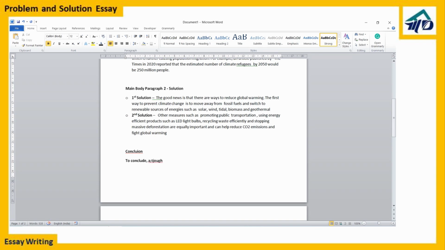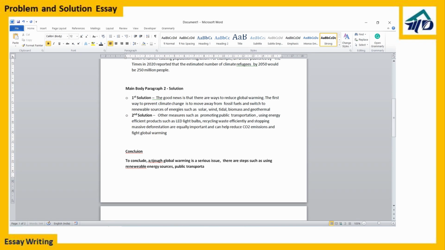although global warming is a serious issue, there are steps such as using renewable energy sources, then public transportation.